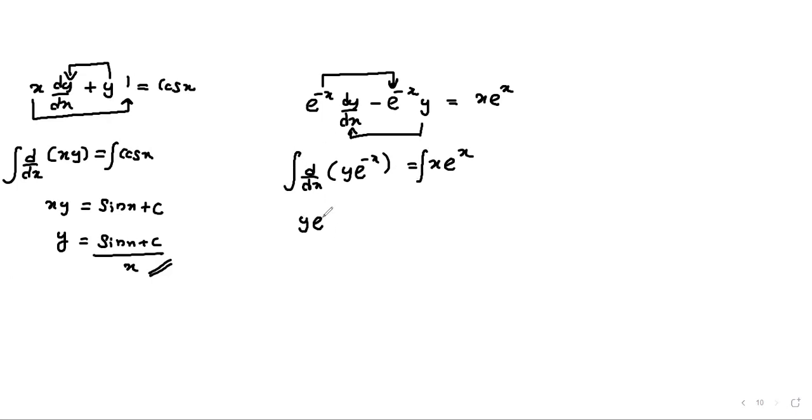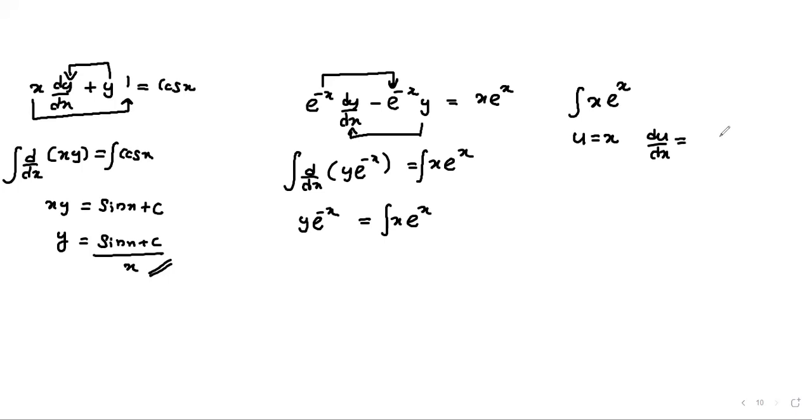This is y e to the power minus x, but here there is an issue: x e to the power x. This is a product of two different functions where the differentiation of one is not available here, and there are two different types of function. Therefore you have to go ahead with integration by parts. You have to pick u as the function which simplifies on differentiation.